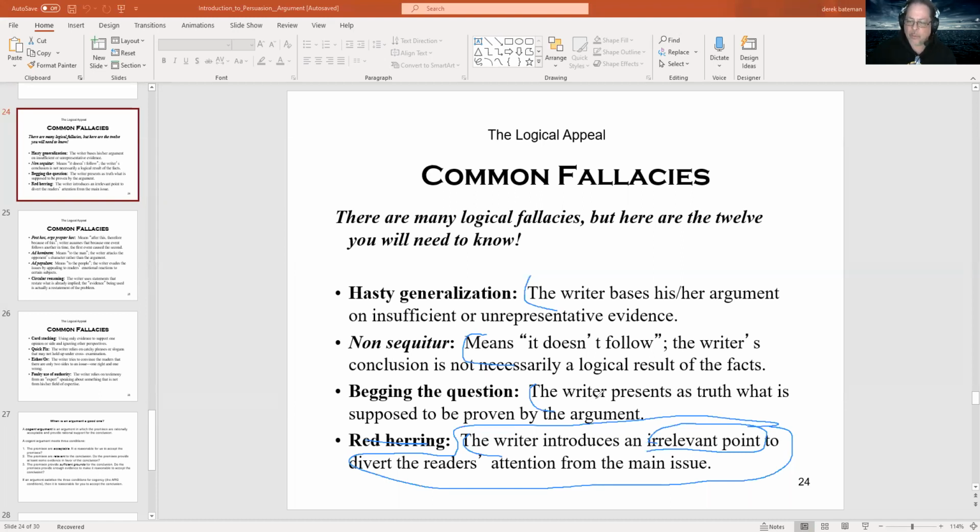Begging the question is presenting as truth what is supposed to be proven by the argument. This is an important one insofar as you are out to prove it. It's not established as truth at that point. You are out to prove that you think this is the truth of how you are responding, or whatever the specifics are of the text that you're analyzing. But if you start off by presenting it as a truth before you've proven it to be a truth, that's a logical fallacy.